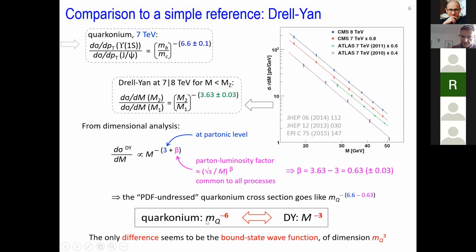So the difference between quarkonium and Drell-Yan is an integer of 3 in the scaling with mass. And this 3 is intriguing because it is identical to the dimension of the bound state wave function, which is what is missing in the Drell-Yan case.